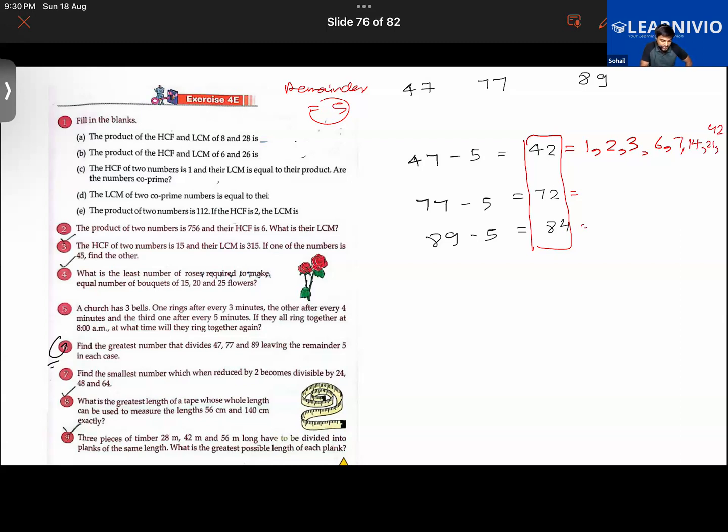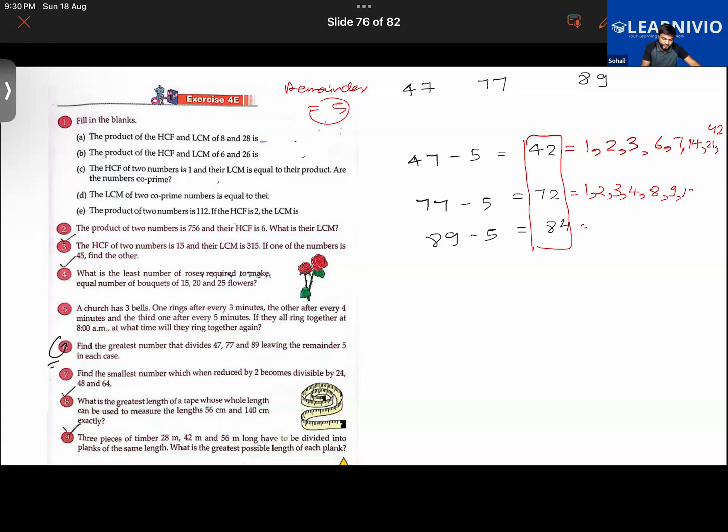Come on, tell me the factors of 72. That is 1 and then 2, then 3, then 4, then 8, then 9.